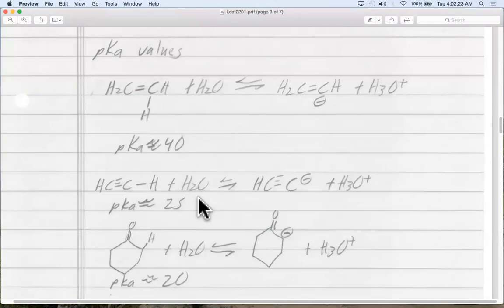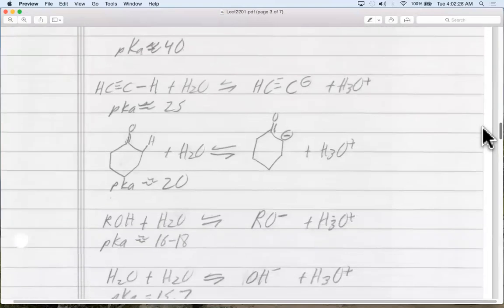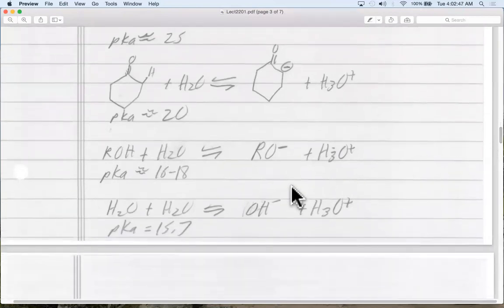But notice it still has a pKa of 25. Even though this hydrogen is on an sp3 hybridized carbon, its pKa is 20 because of the resonance structures that we talked about earlier. But it's not as acidic as alcohols, nor as acidic as water, okay?